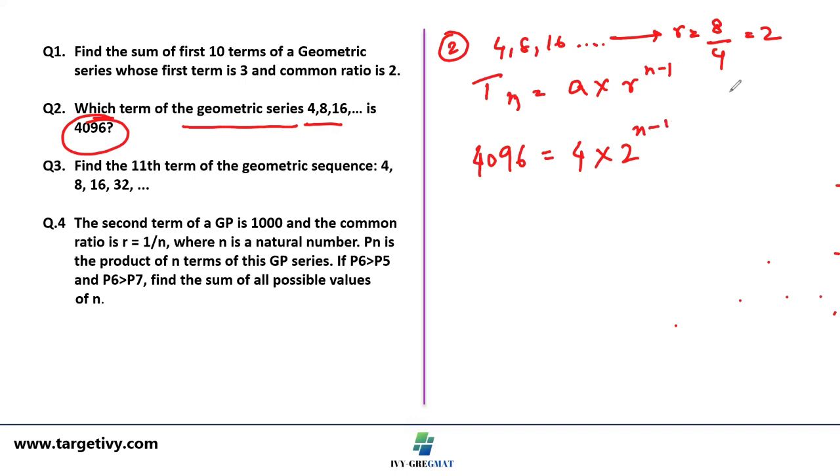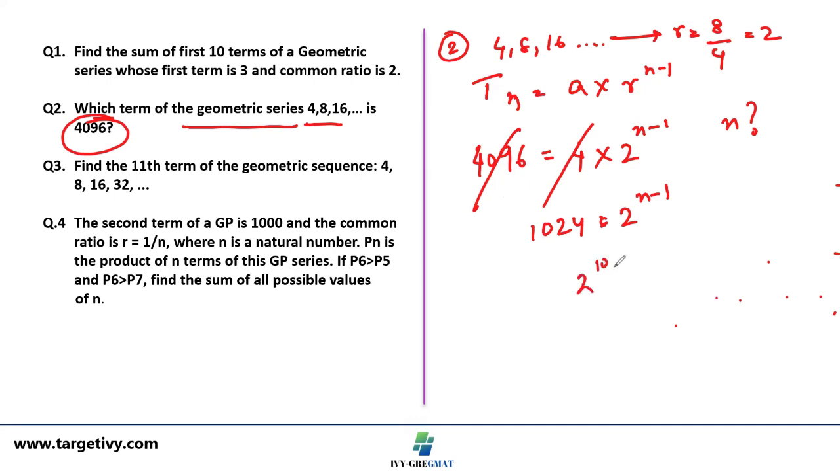Here we need to find out the n. So let's do a simple calculation. If I take it as 1024 is equal to 2 to the power n minus 1. So we know 2 to the power 10 is 1024.